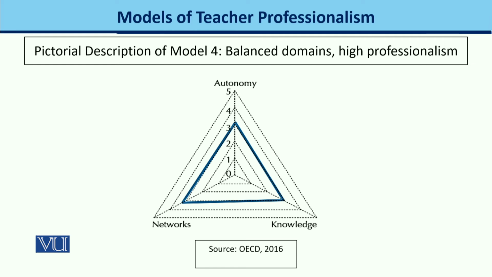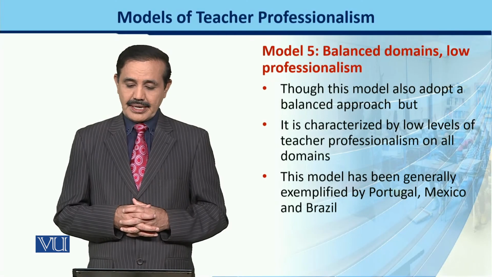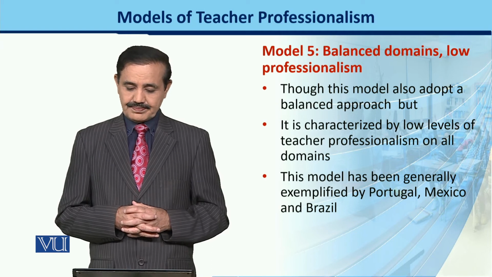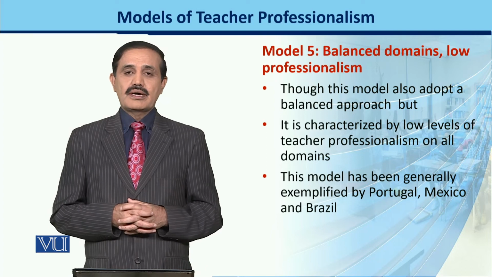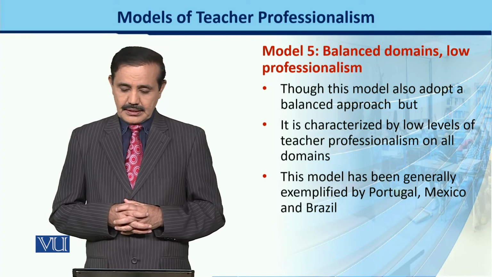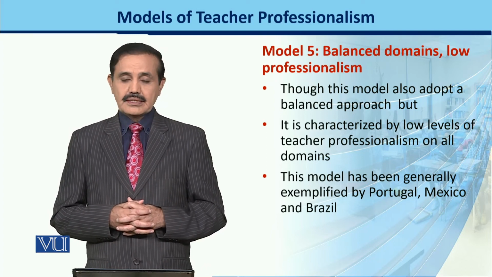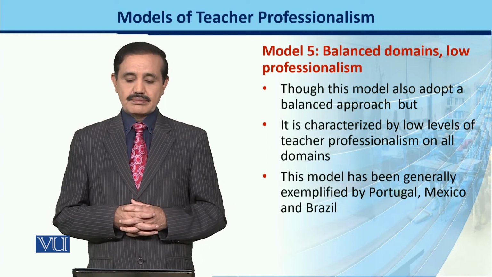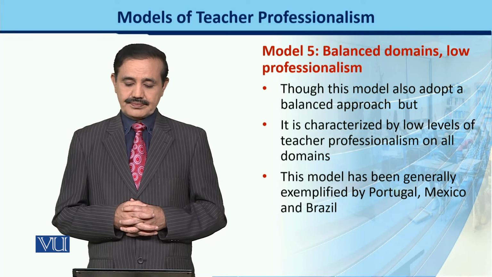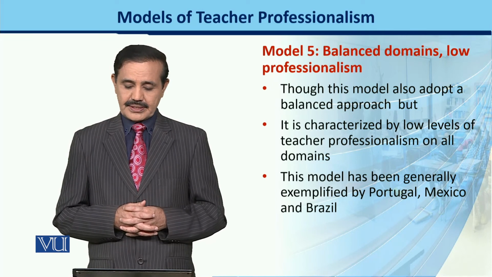The fifth one, or the final one, is balanced domains, low professionalism. This model follows the balanced approach, but the researchers, or the critics of this model, say there is a low level of professionalism.